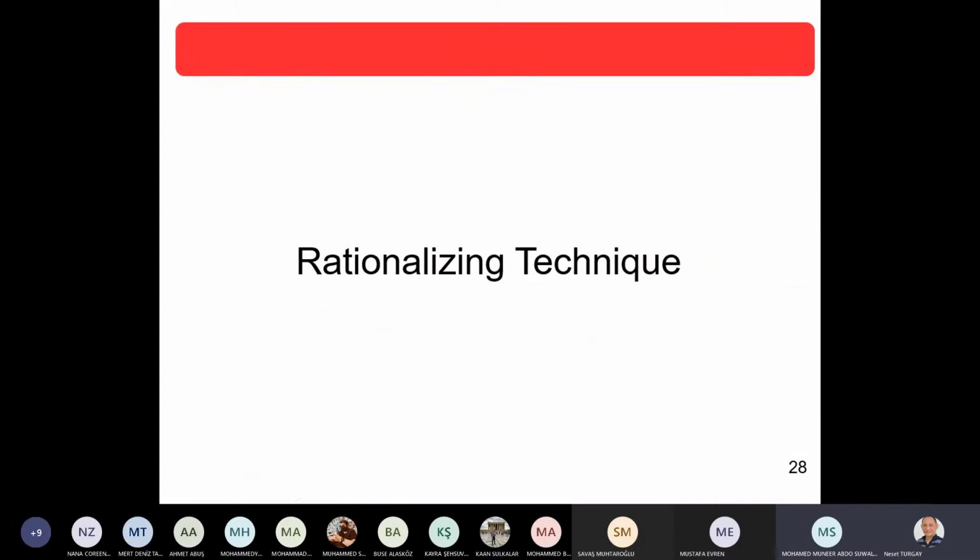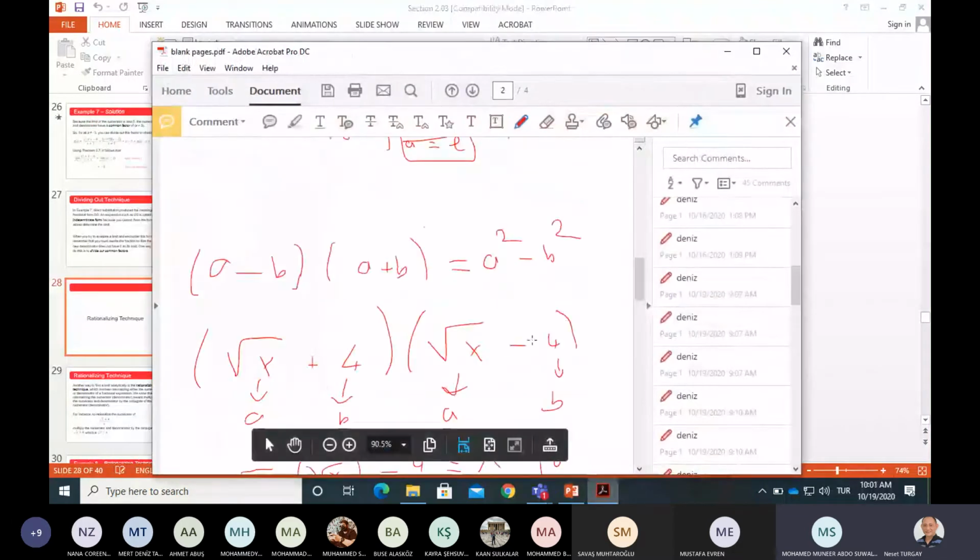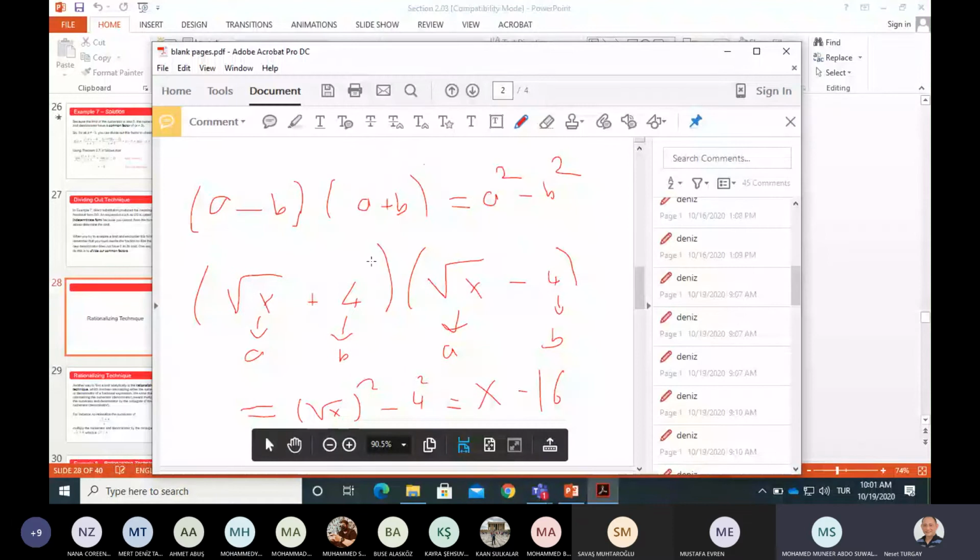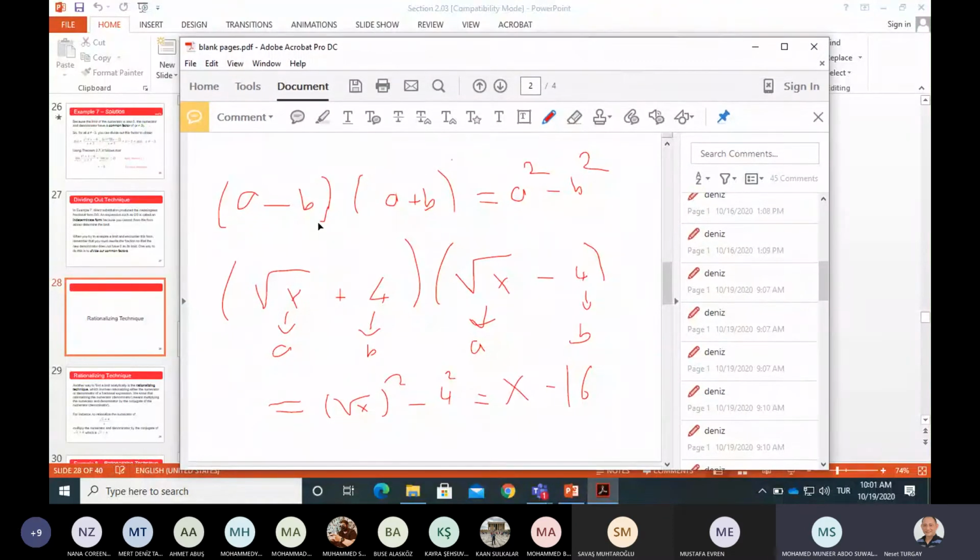My friend, now we will see the rationalizing technique. Before rationalizing, I want to show you something. Do you know this conjugate story? Before that, do you know this identity? A minus B times A plus B is what? A squared minus B squared.